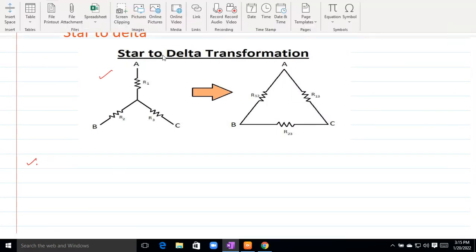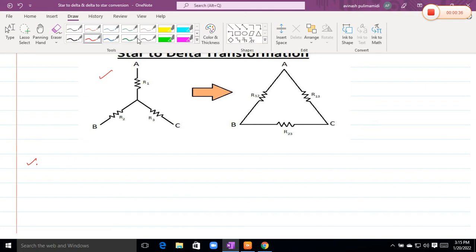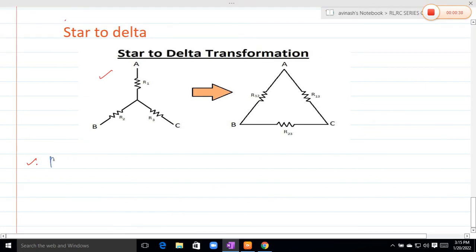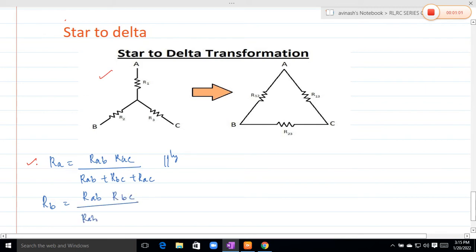Let me change the ink here. The value of RA is equal to RAB into RAC divided by RAB plus RBC plus RAC. Similarly, RB is nothing but RAB into RBC divided by RAB plus RBC plus RAC.